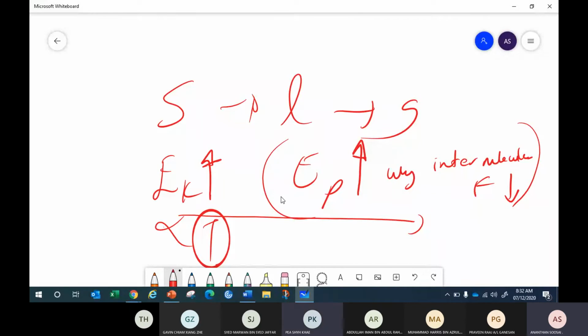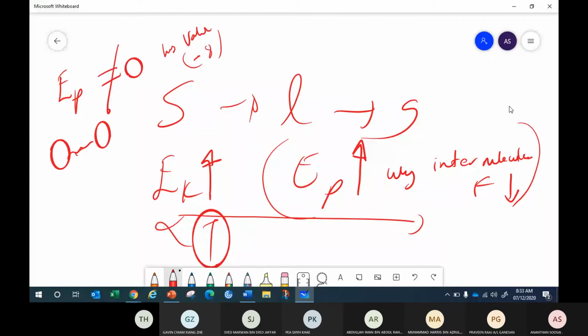Teacher, why is the EP of real gas close to zero? EP of real gas is not zero. It has a value, a very small negative value, because it still has some intermolecular force.